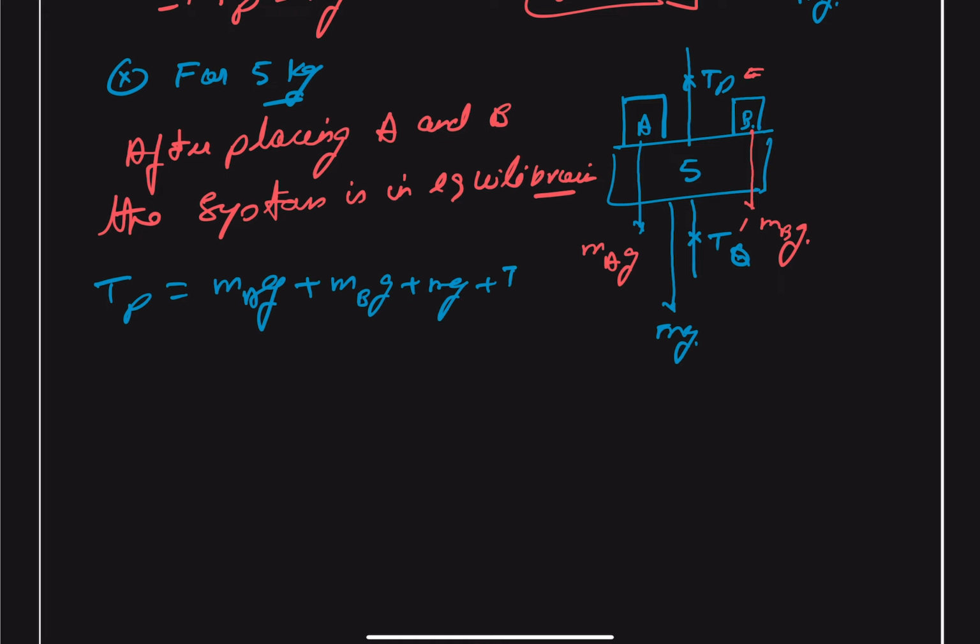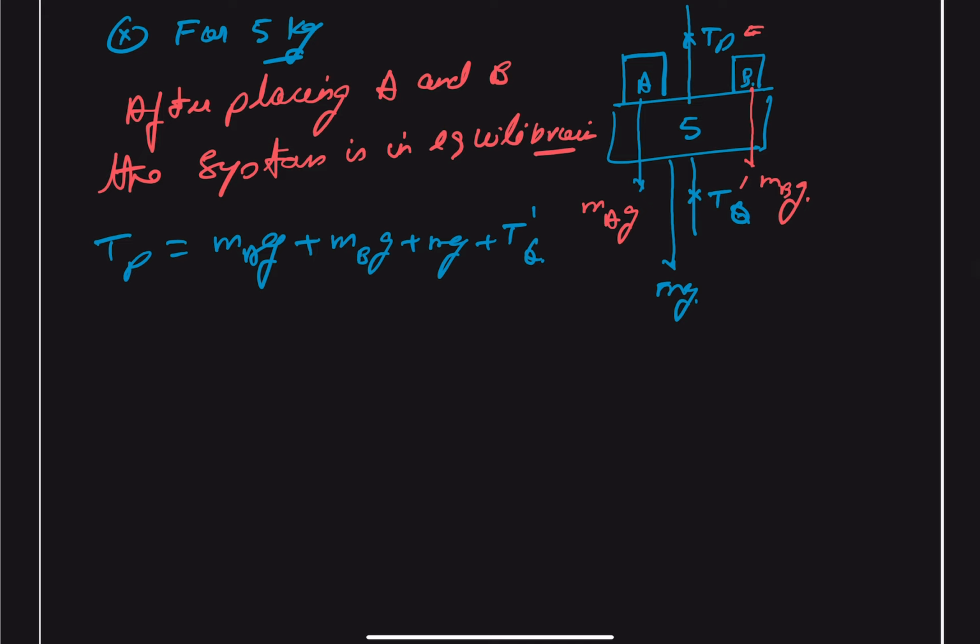Now we simply substitute the values. Tp is our 100, Ma is given as 1, so 1 multiplied by 10 plus 1 multiplied by 10, and this is our 5 multiplied by 10, and this comes as Tq prime.